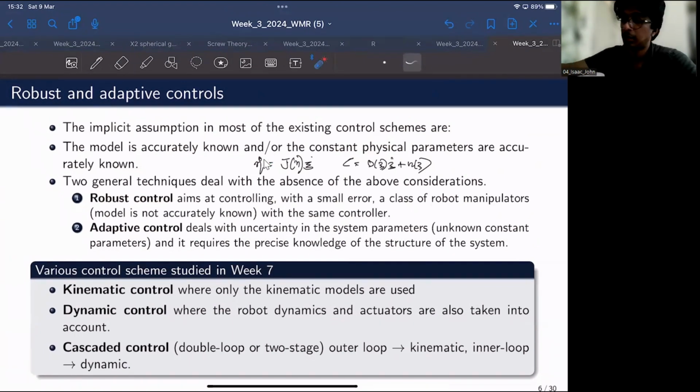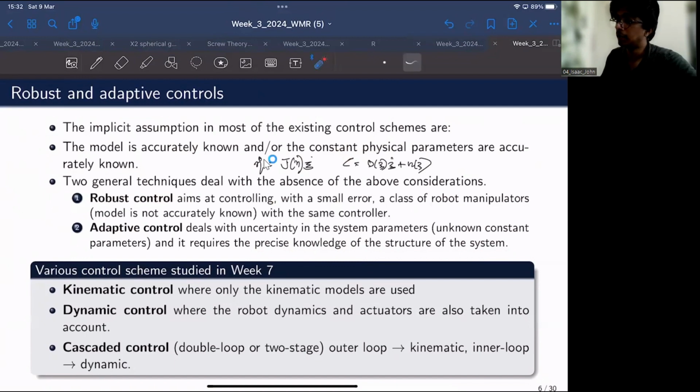But the catch is that precise knowledge of the structure of the system should be known: how the system is behaving, whether it is a second order system or a first order system. All these things we should know in advance.